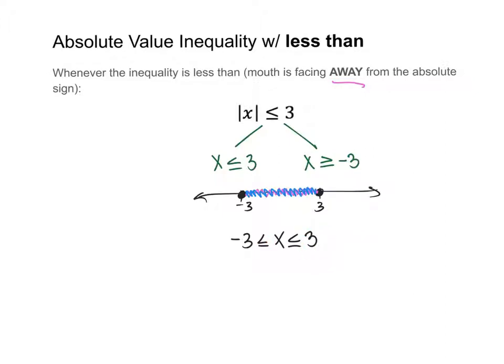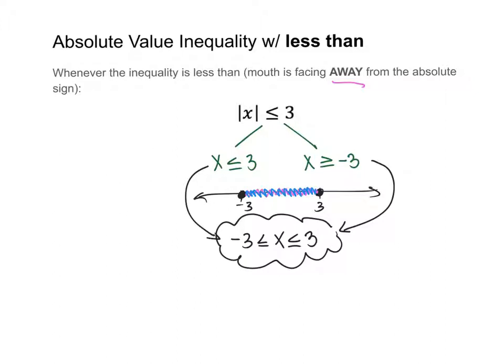Actually, they should always be facing the biggest number, in this case, 3. So in conclusion, you don't have to write your equation as two separate equations. You can write it as one equation with two inequalities, and they should all be facing one direction.